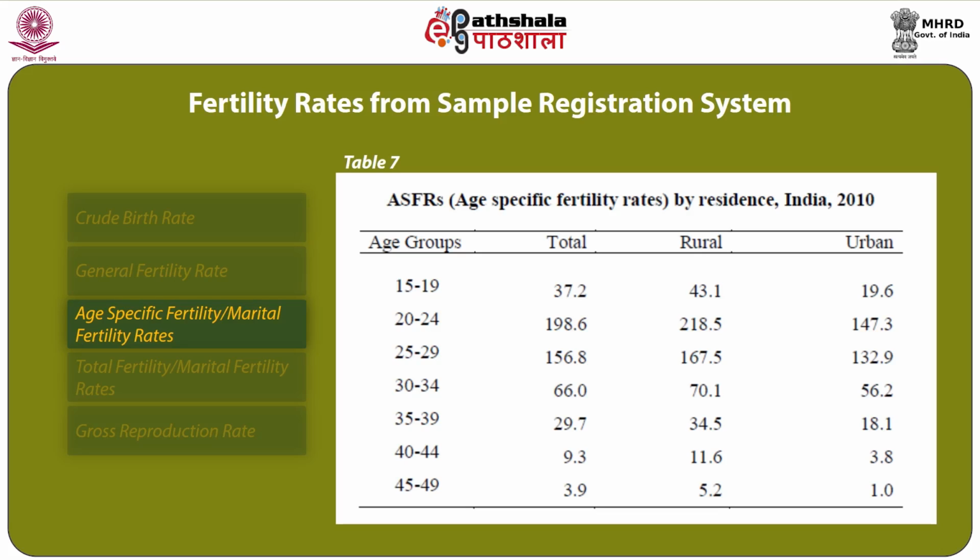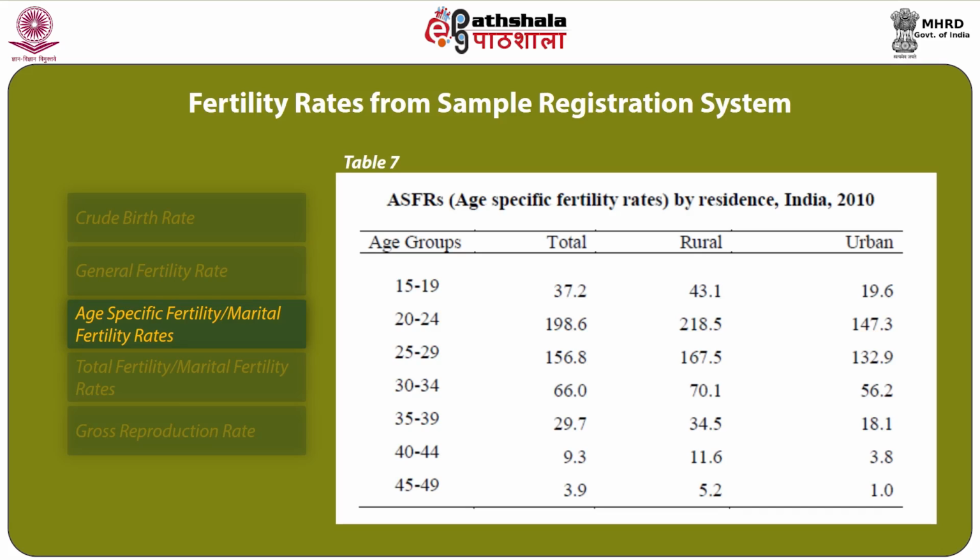In the next age group of 25 to 29 years, for the total population the rate is 156.8, and in rural areas it is relatively higher at 167.5, and in urban areas the rate is 132.9.